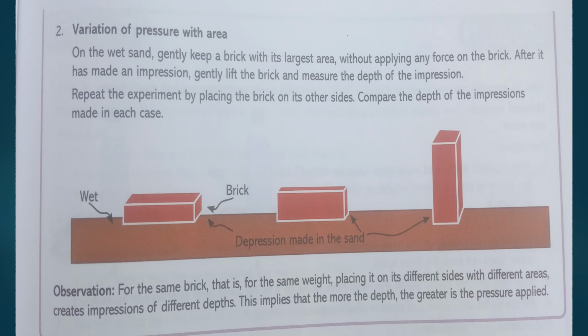So as I told you, when surface area decreases, the pressure increases. The brick placed in a vertical way creates a deeper impression, which means pressure increases because surface area decreases. So from this we can say pressure depends on force and surface area. Pressure is directly dependent on force and inversely dependent on surface area.